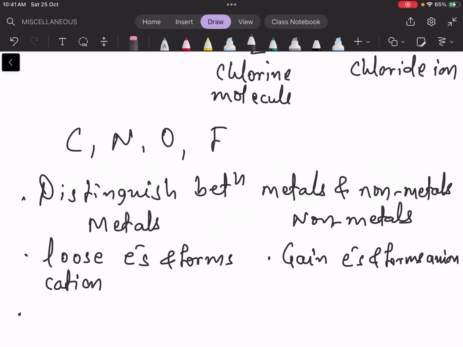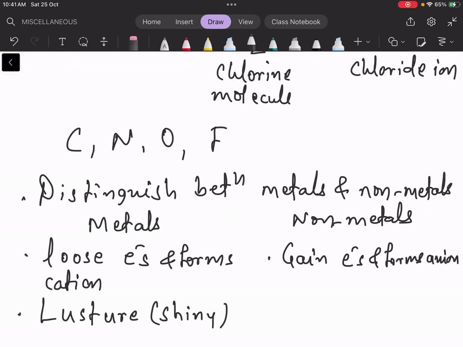Second, metals, when cut, show a shiny surface, and that property is called luster. So metals are lustrous in nature. That is, they are shiny in appearance. Now, why are metals lustrous? It's because of what? Whenever light falls on the surface of a metal, the free electrons present in that metal gain the energy and undergo an excited state, right?